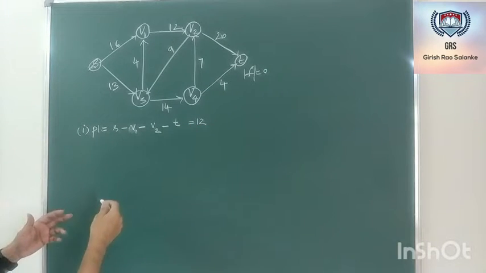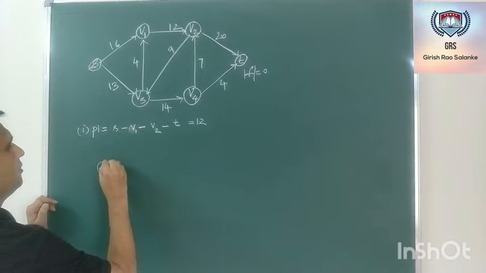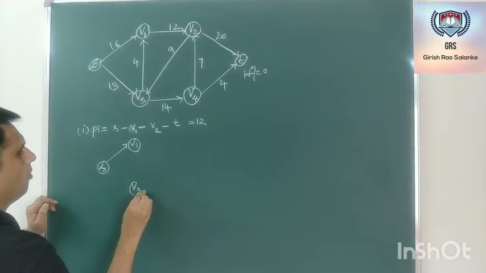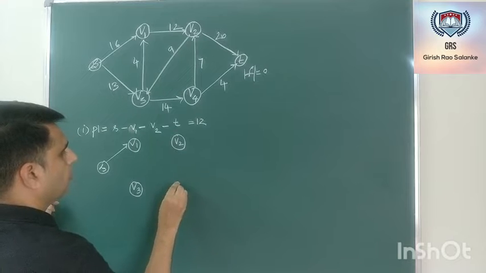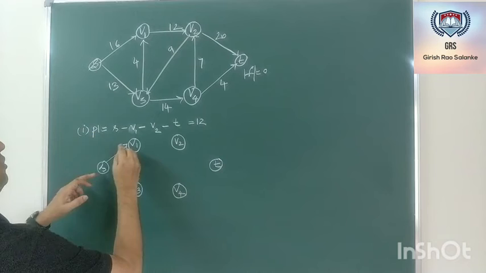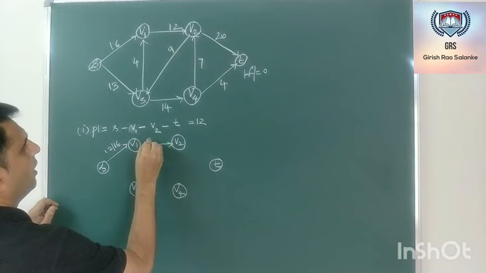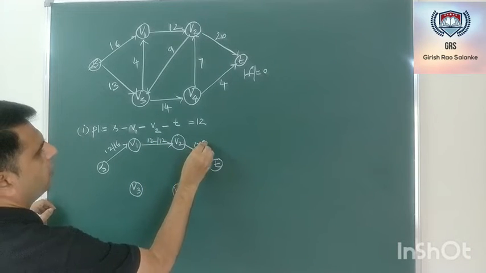Now, what do I need to do? I need to associate a flow with these edges. On the edge S to V1, I will have 12 as my flow. Next, on this edge I will have 12 as my flow. Here also I will have 12 as my flow.